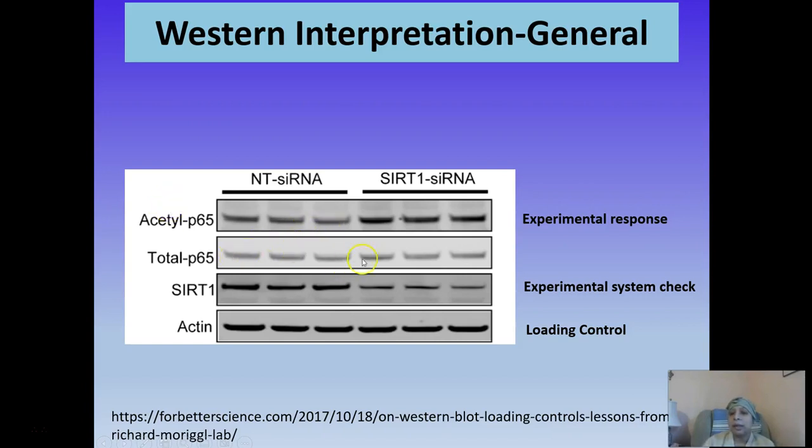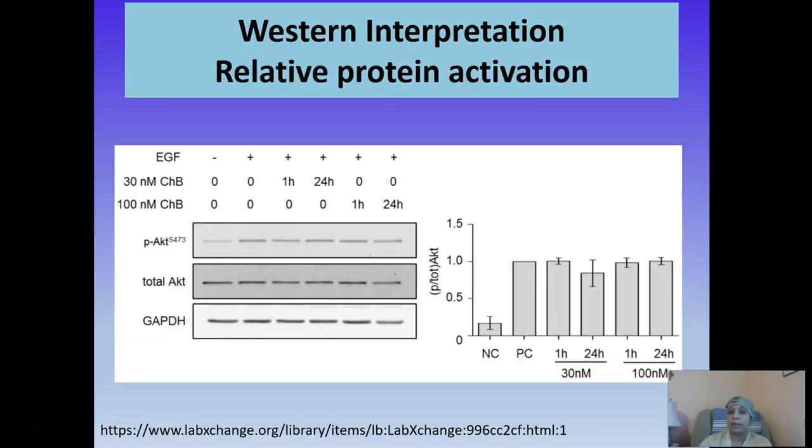And so I see that under normal condition, when there's SIRT1 there, you have the same amount of P65 in all of these three samples, and you have some level of acetyl P65, the acetylated form of this protein. And then once siRNA is done, you have less SIRT1. You still have the same amount of total P65, so it didn't change the amount of P65, but not having SIRT1 increased the amount of acetyl P65. So having SIRT1 was somehow inhibiting the acetylation of P65. That's something that it was doing. That's the response that I'm finding.